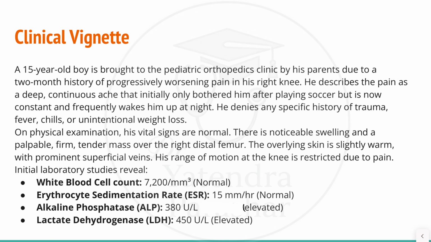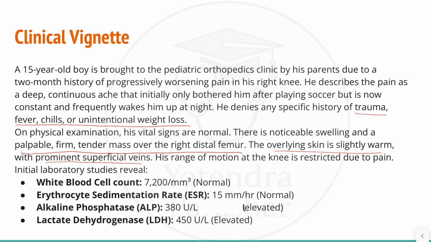So from this clinical picture, what we have is a young boy with a 2-month history of painful swelling in his right knee, and there is no history of trauma, fever, chills, or weight loss. On examination, we have a large palpable tender mass over the right distal femur, with overlying skin showing prominent superficial veins and warm on touch, and his range of motion is reduced.